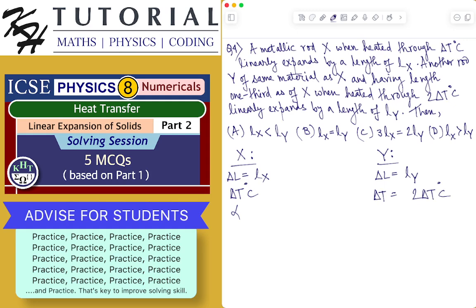Also, since the rods X and Y are of the same material, the coefficient of linear expansion will be alpha. Now in all the given choices, we need to basically compare Lx and Ly. Let's apply the formula of linear expansion for both rods X and Y. We know that delta L is equal to alpha L delta T. This is the basic formula.